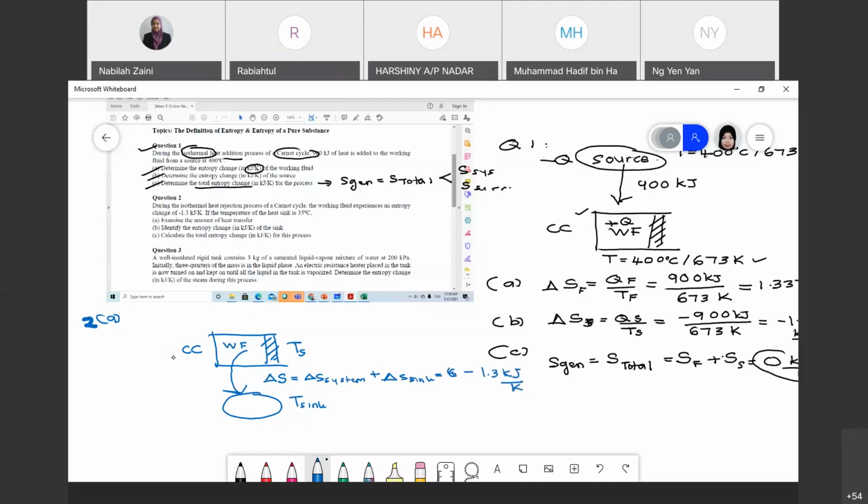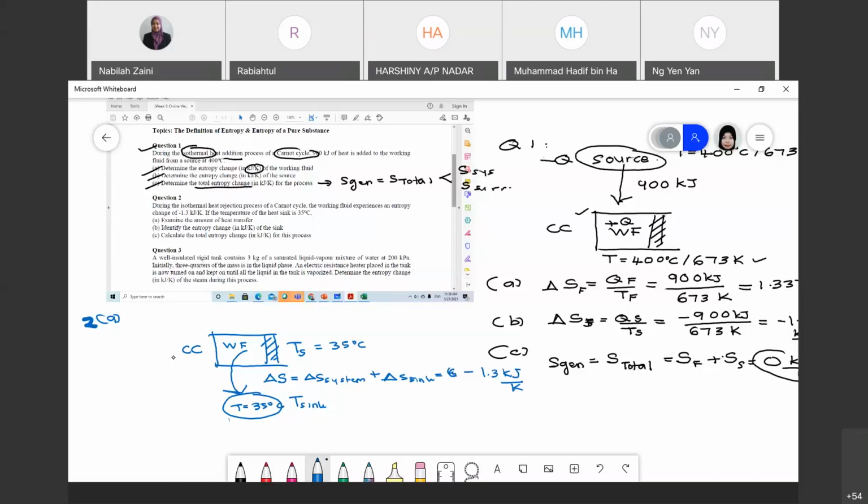If the temperature of the sink is 35 degrees Celsius, here is also 35 degrees Celsius. Examine the amount of heat transfer. Please ignore the sign, because it asks only for the magnitude or amount.